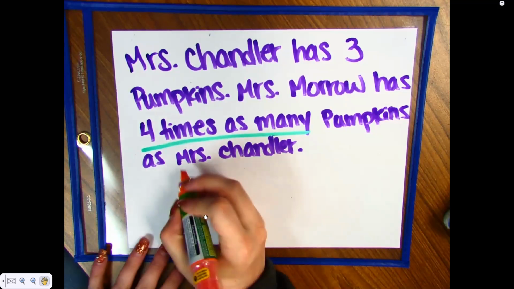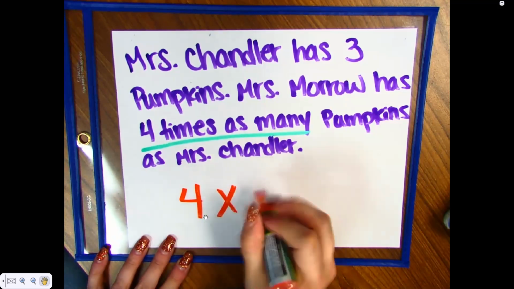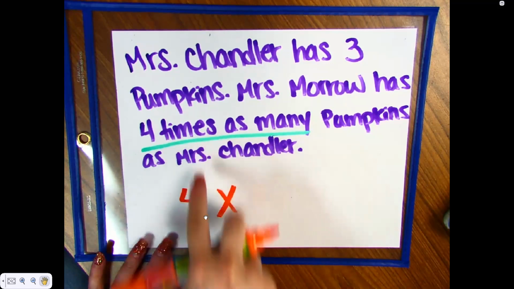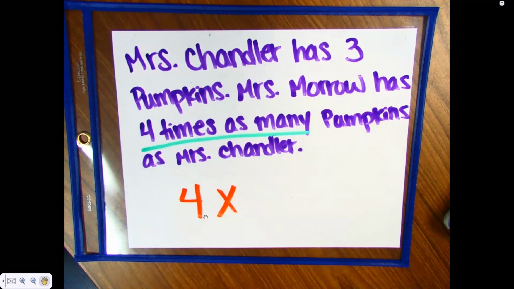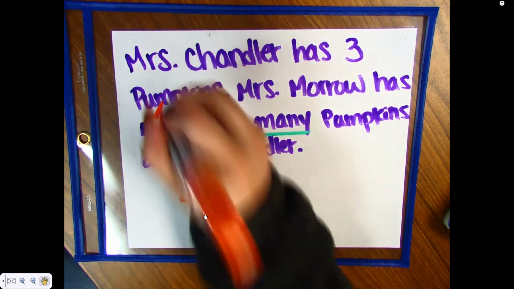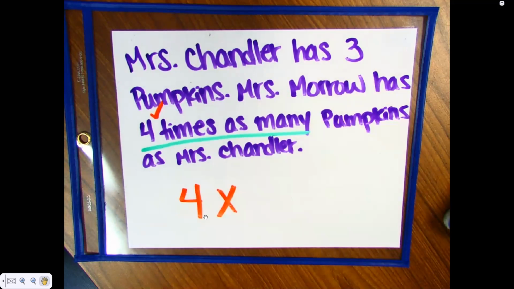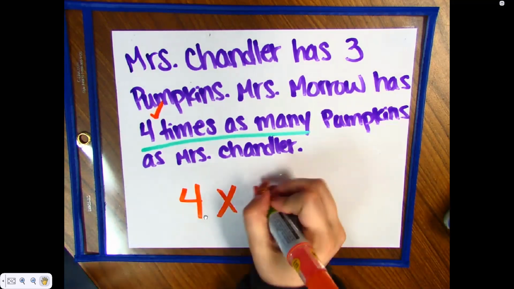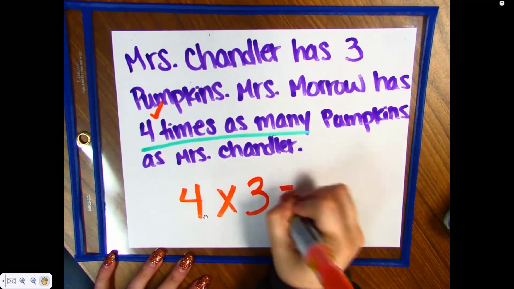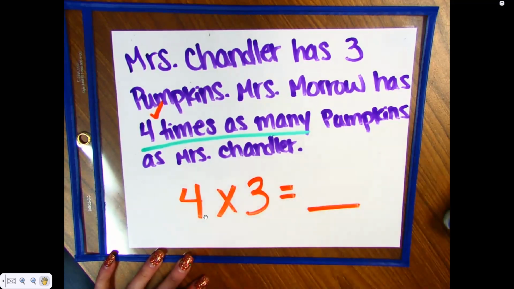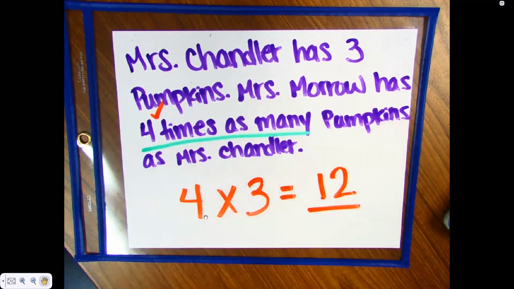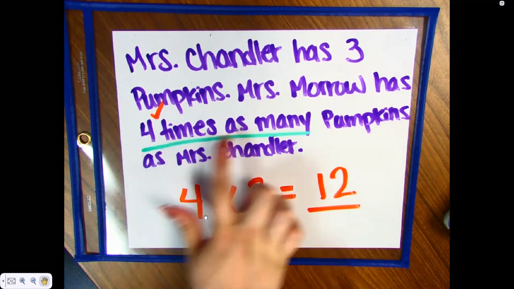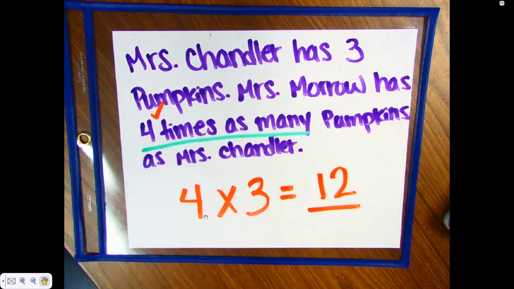Holly, what other number is in this word problem that I haven't used? I used 4. Use 3. So it'd be 4 times 3 equals, and then we already know what that equals, right? It would be 12. So when you see this, that means she has 4 times as many as I do.